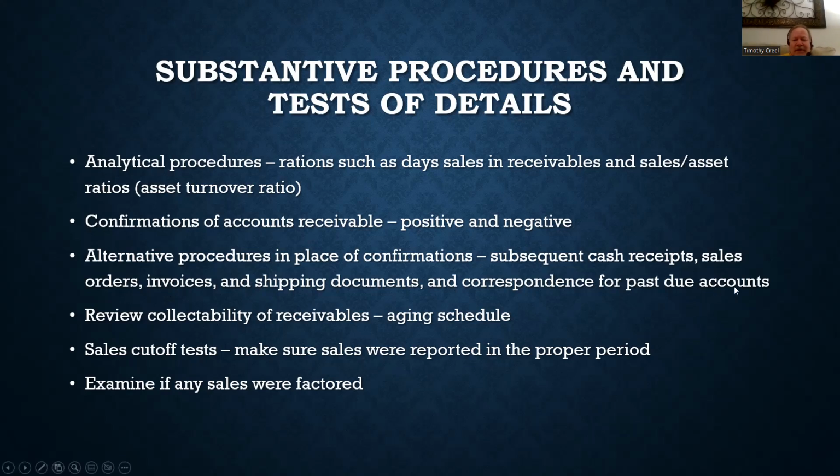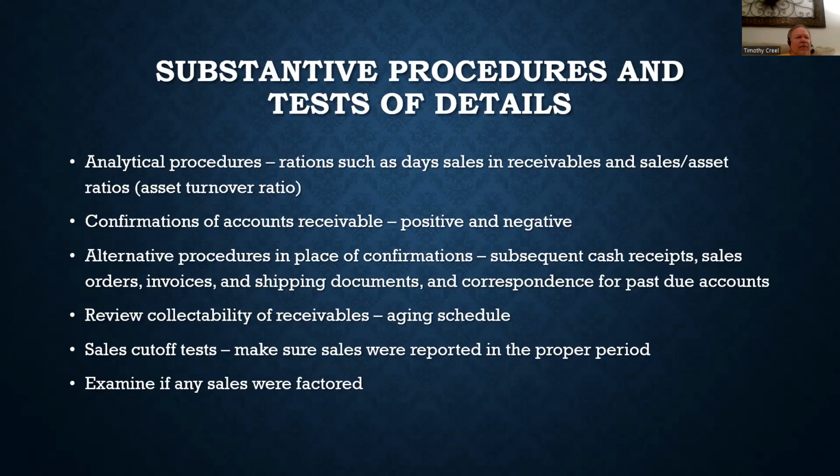And correspondence for past due accounts, looking at what correspondence the company has sent or received from clients in regards to past due accounts. And again, this would be kind of going back to the aging schedule and looking at the correspondence sent to these customers or what correspondence those customers have sent back to the company.